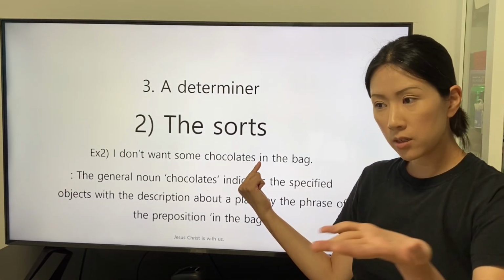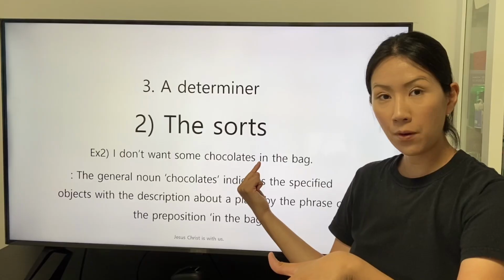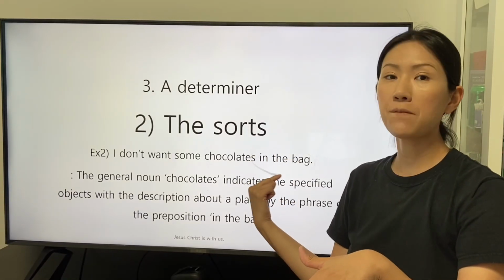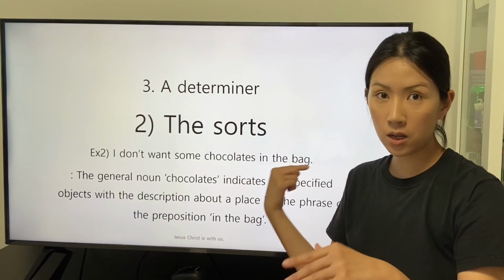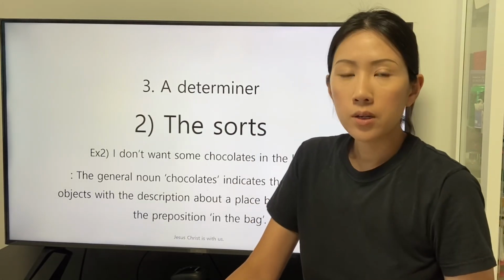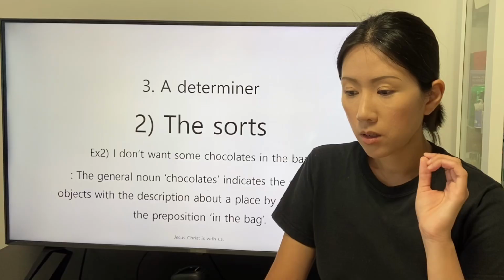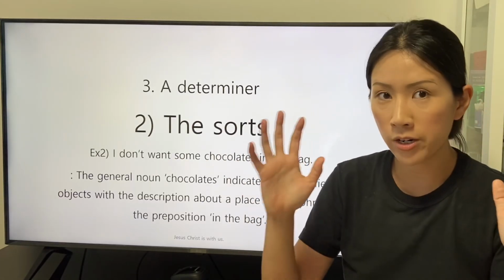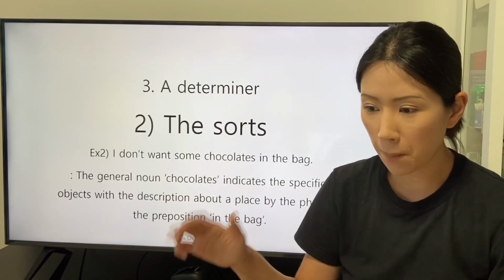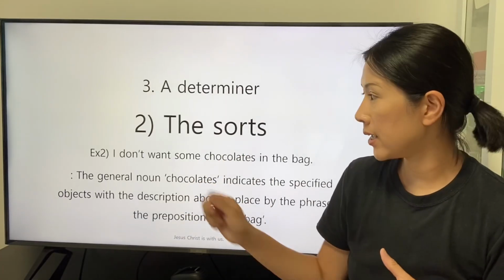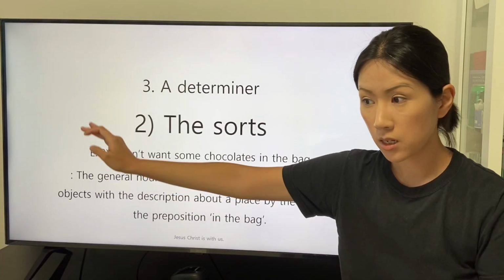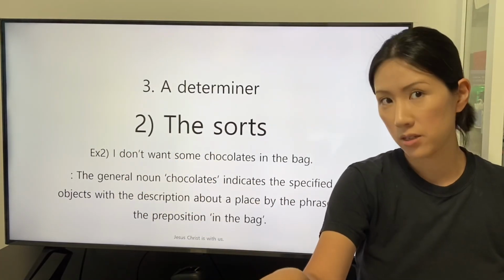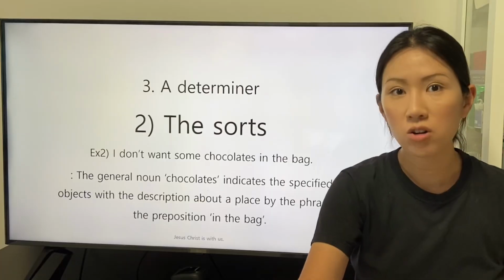The speaker gives this information with the application of the phrase of the preposition in the bag. We can understand that there is some chocolate in the bag, and the speaker as the subject states this clause about the determined range of the chocolate.